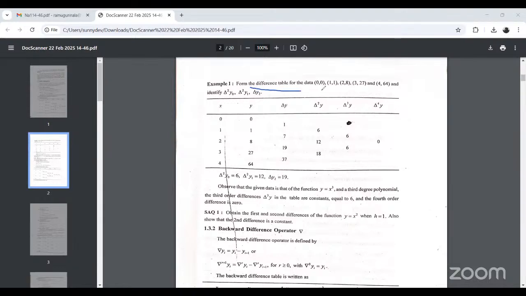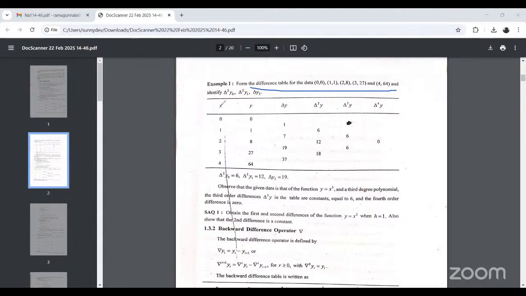Form the difference table for the data (0, 0), (1, 1), (2, 8), (3, 27), (4, 64), and they are asking to identify delta square y naught, delta square y1 and delta y2.